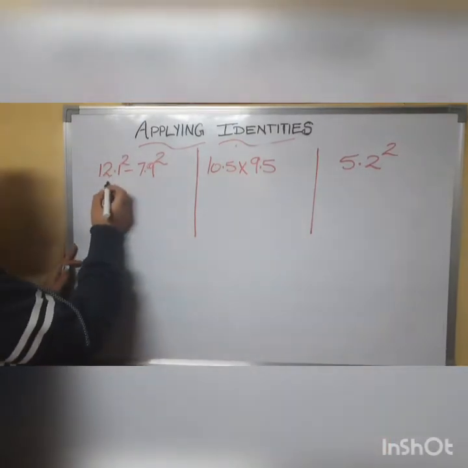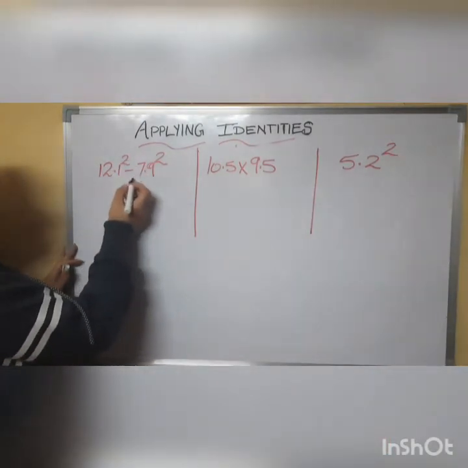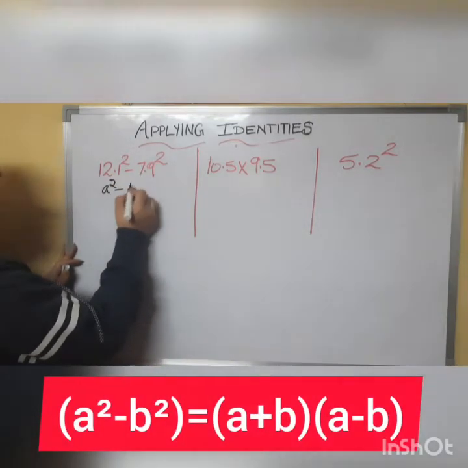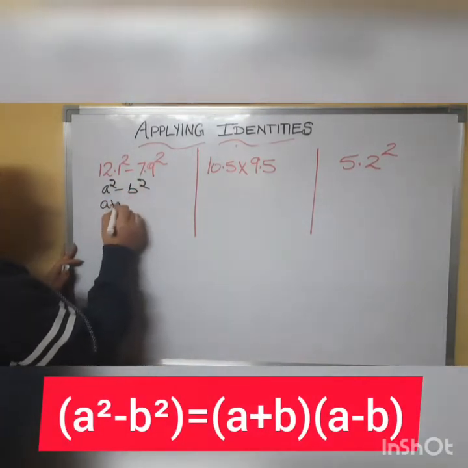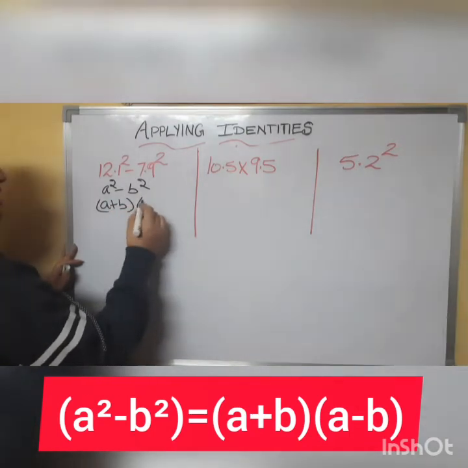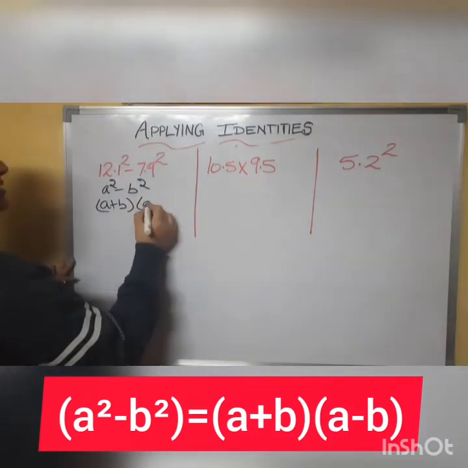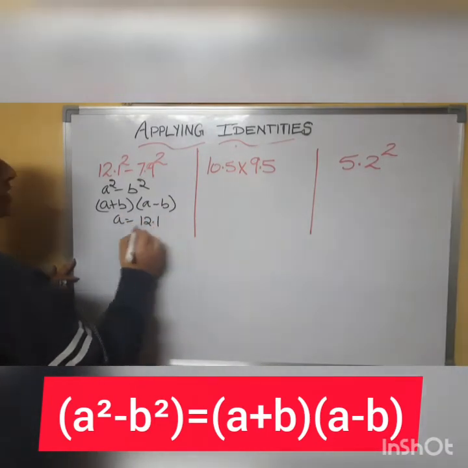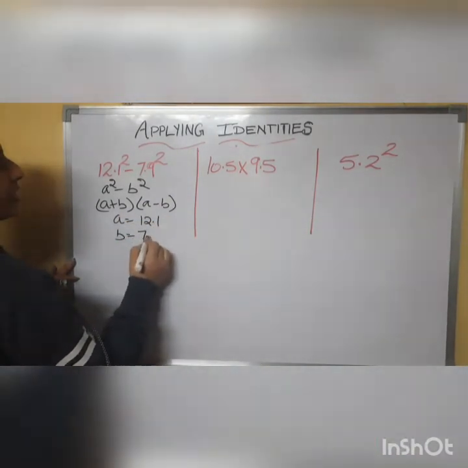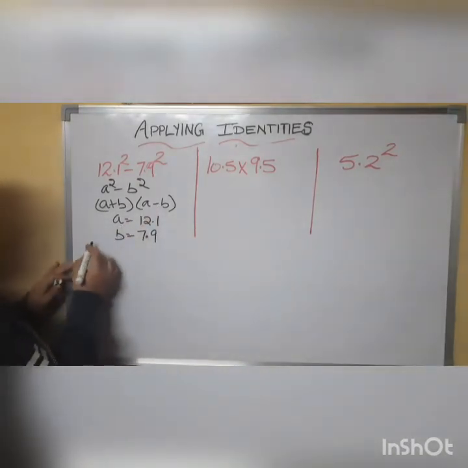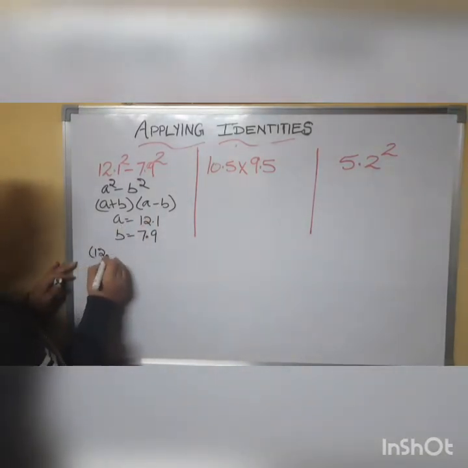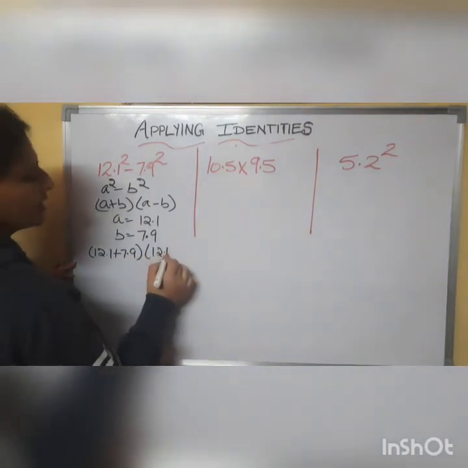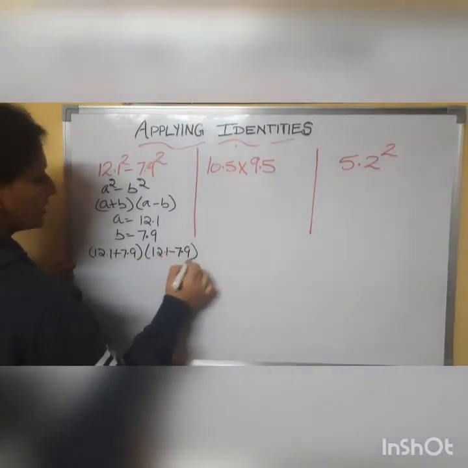The given question in front of us is 12.1 whole square minus 7.9 whole square. This is a square minus b square. What is the expansion of the identity? This is (a plus b)(a minus b), where a stands for 12.1 and b stands for 7.9. So let us apply this. This is (12.1 plus 7.9)(12.1 minus 7.9).